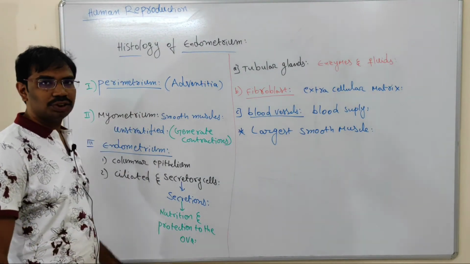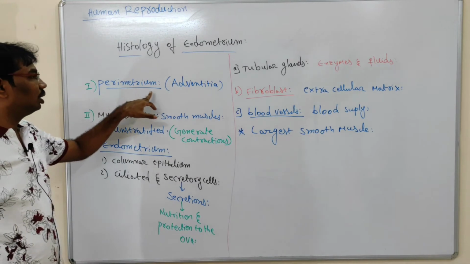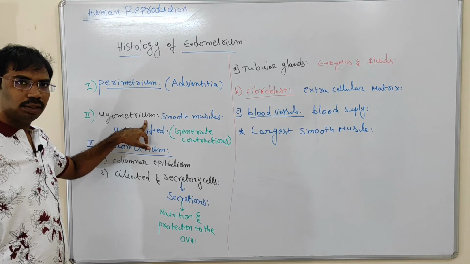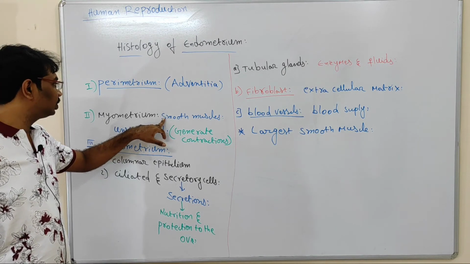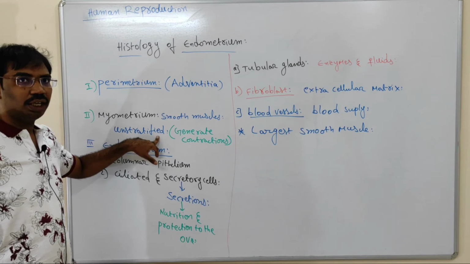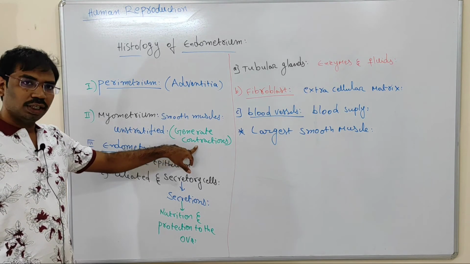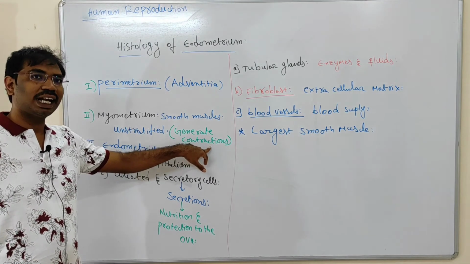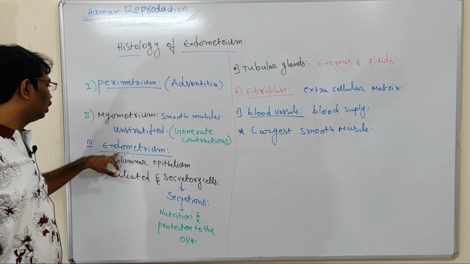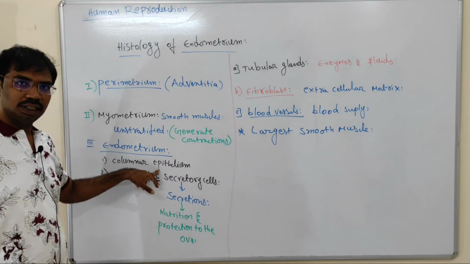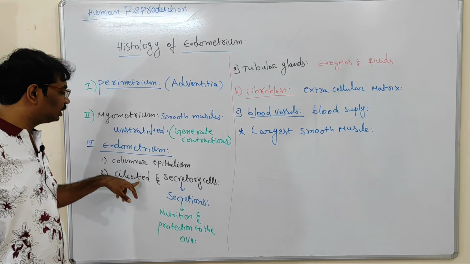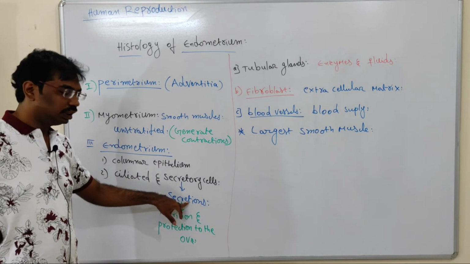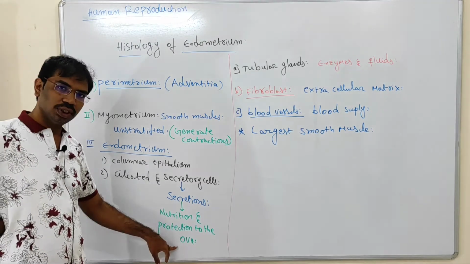So this is the histology of the uterus. The outer layer of the uterus is the adventitia, then the middle layer is the myometrium, which contains smooth, unstratified muscles responsible for contractions during delivery. The endometrium contains columnar epithelial cells, ciliated and secretory; the secretions provide nutrition and protection to the ova.